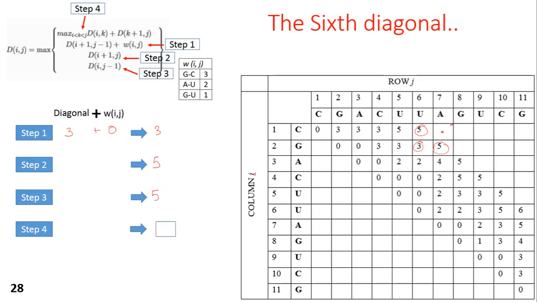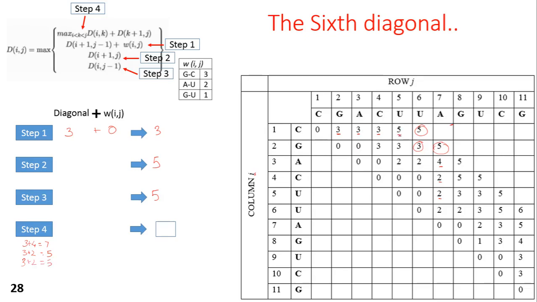Okay, now for over here we have the 4 values that would be considered for what would be the maximum value at step 4. What would be those 4 values? We would begin with adding 3 with 4, that is 7. Then we would be adding 3 with 2, 5. Then we would be adding 3 with 2, again we have got 5.